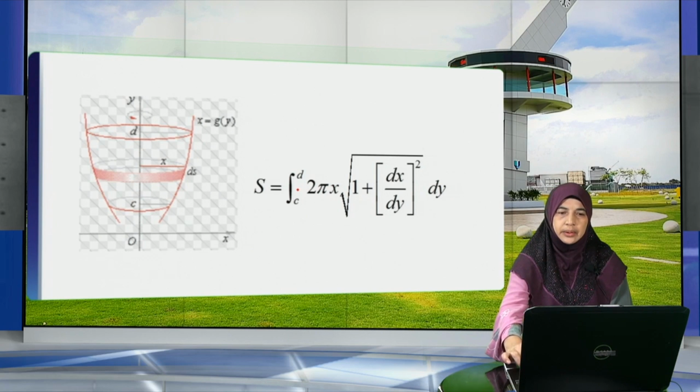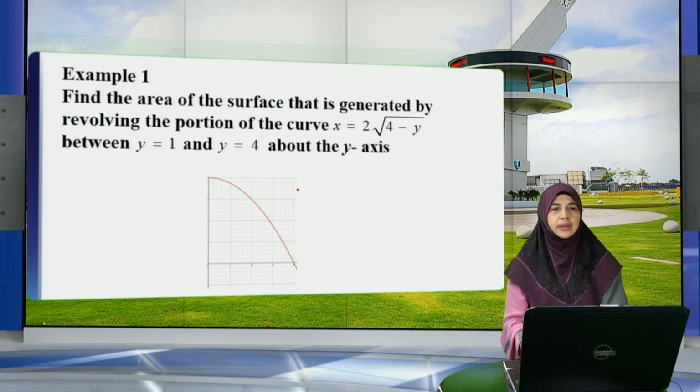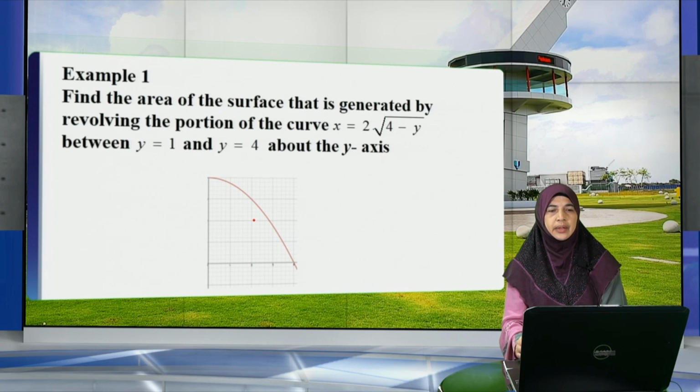Okay, let's look at one example. Now suppose we want to find the area of the surface that is generated by the curve here, portion of this curve here. So this is the curve here, and we want to find just a portion of this curve, which is from y equivalent to 1 to y equivalent to 4.